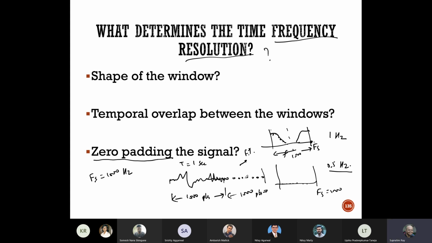Just by adding zeros, I shouldn't be able to improve my frequency resolution. So what has happened? What is the relationship between the spectrum of this original signal and this new signal that has the original signal with a bunch of zeros padded at the end?